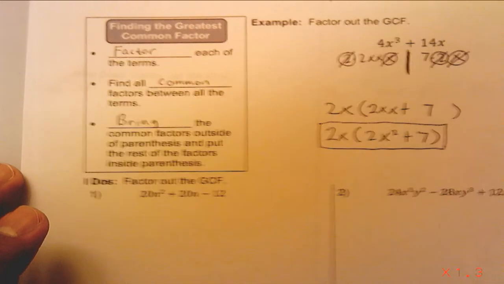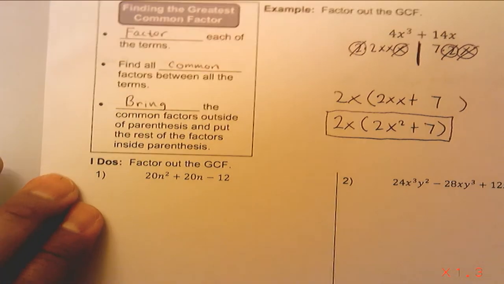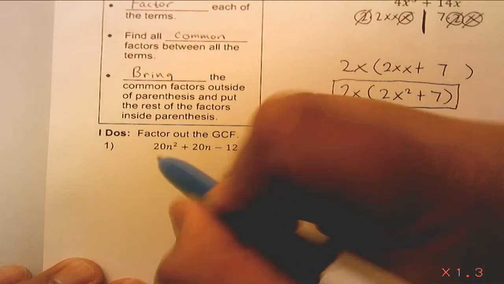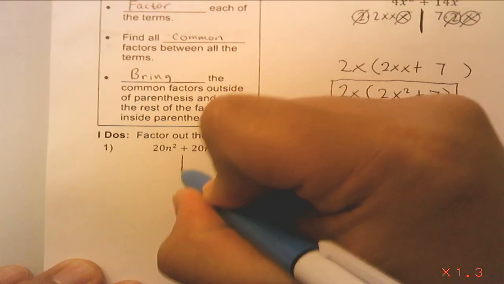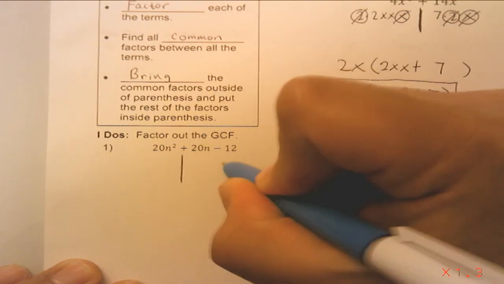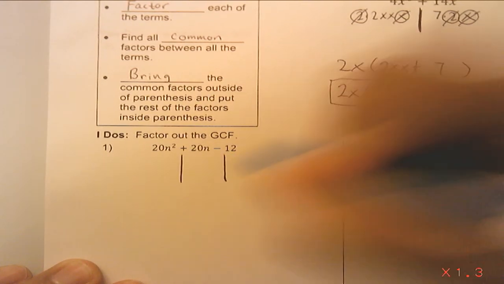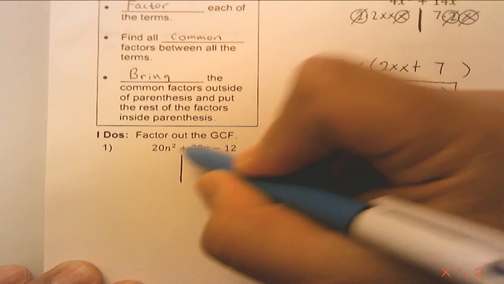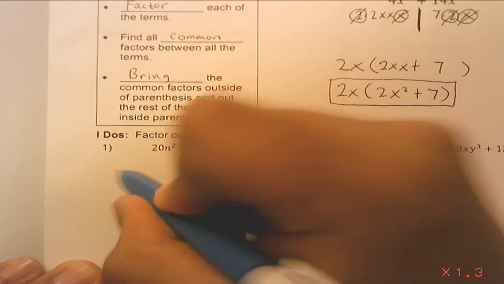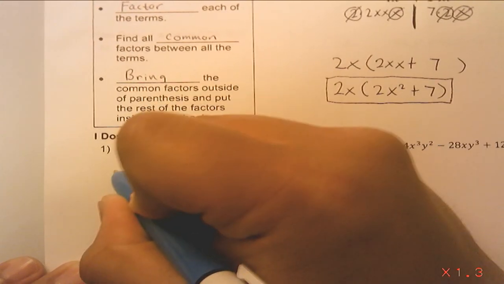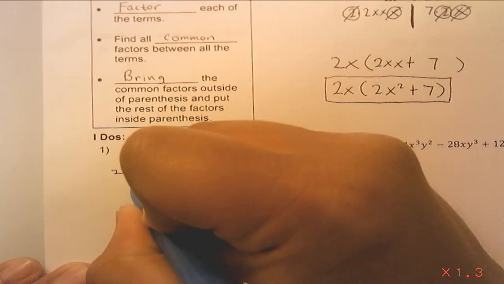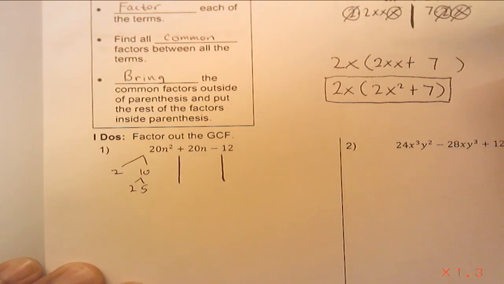After these I do's, if you need to rewatch them, feel free to. First off, I see 3 terms. I'm going to draw my lines so I can separate them. I got a 20 n squared, so 20 can break into a 2 and a 10, and a 10 is a 2 and a 5.